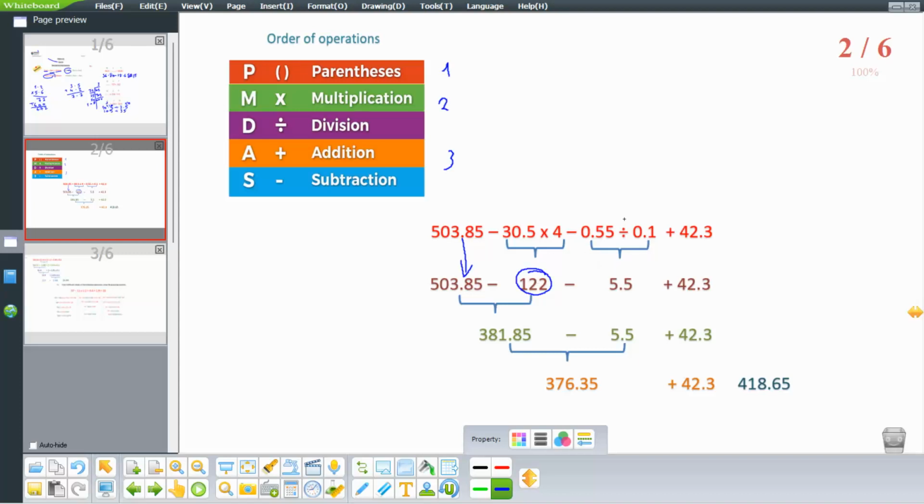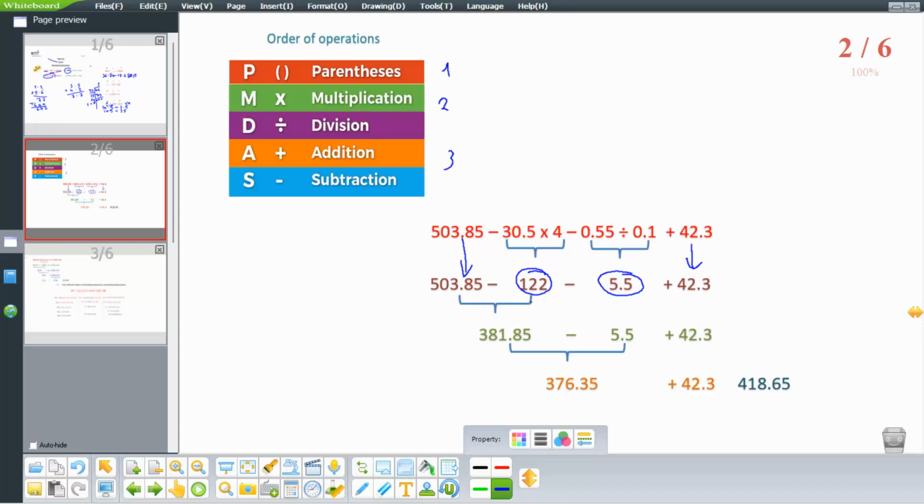Then we have 0.55 divided by 0.1, it will be 5.5, and put 42.3 as it is. So let's start with subtraction.